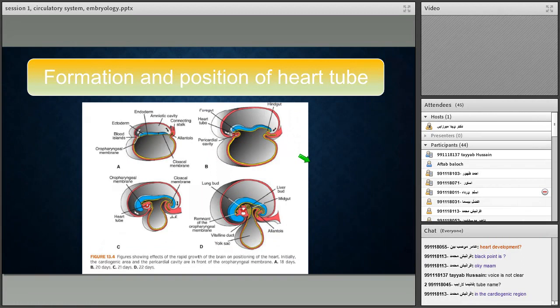But after that, when the neural tube is forming and making the brain vesicles, which cells? If you mean the cardiogenic cells, no. They are just migrating into the cranial side.